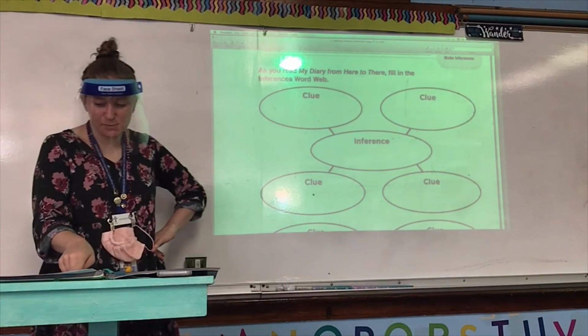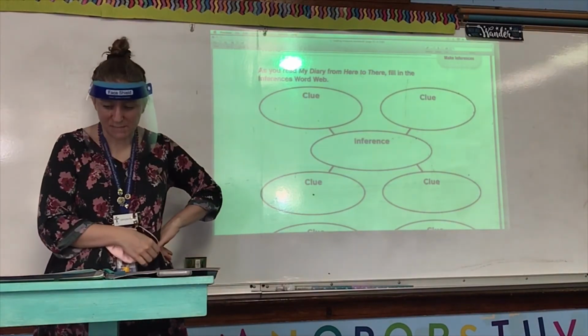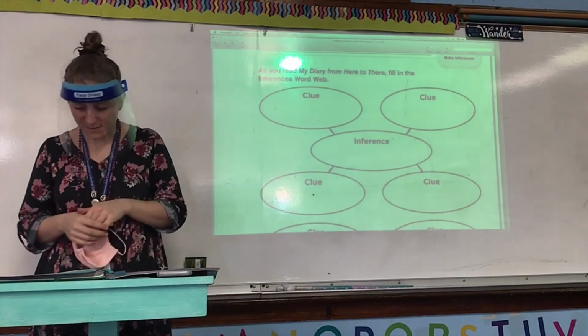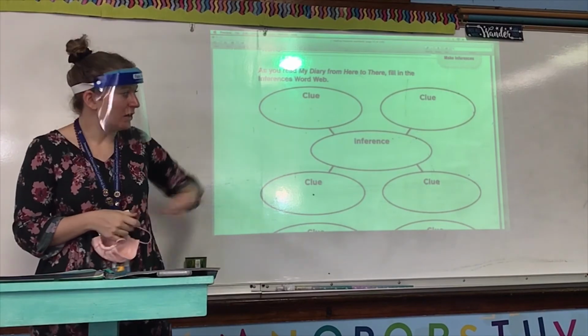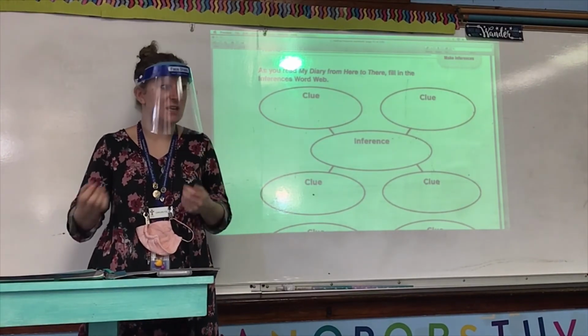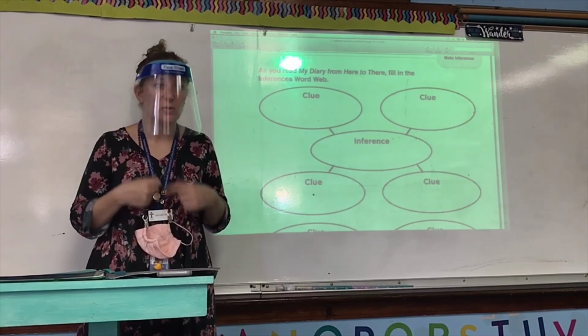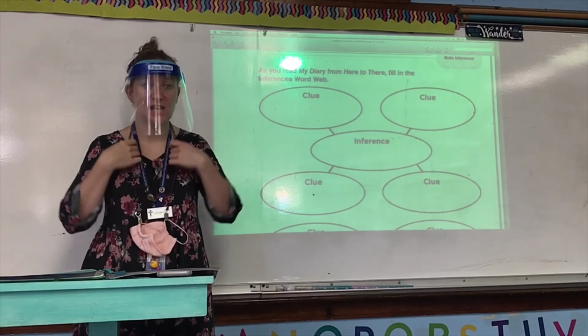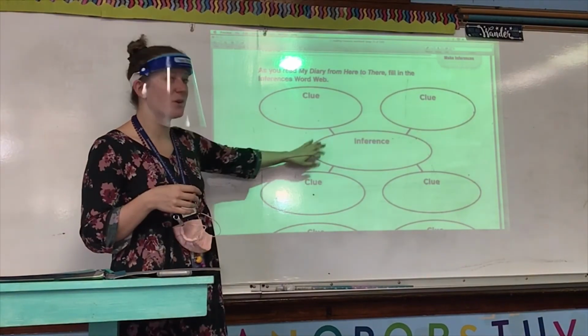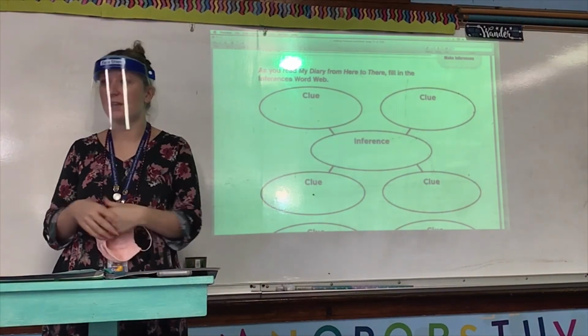Now, let's look at this box on page 10 where it says make inferences. This is going to be our first inference word web. Our inference is going to answer this question. Inferences always answer questions. So you should be coming up with those questions yourself as you are reading independently. In this case, because we're learning to make inferences, the book has come up with our question.